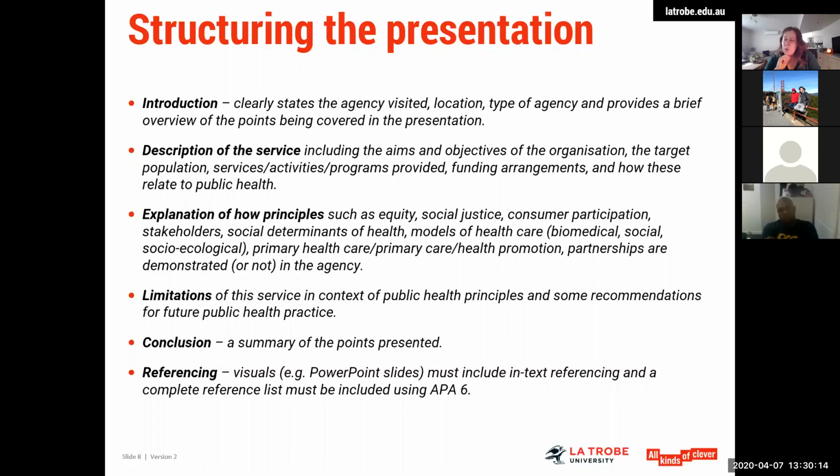The other thing that we do want you to think about are the limitations of this service in the context of public health principles, and to make some recommendations for future public health practice. So, for example, I said before that you might not be able to see how consumer participation is being demonstrated. That might be a limitation that you would talk about. And then you might make some recommendations for future public health practice.